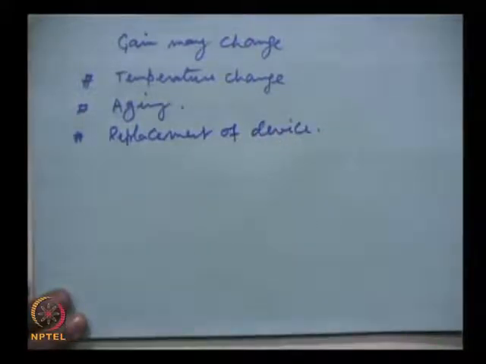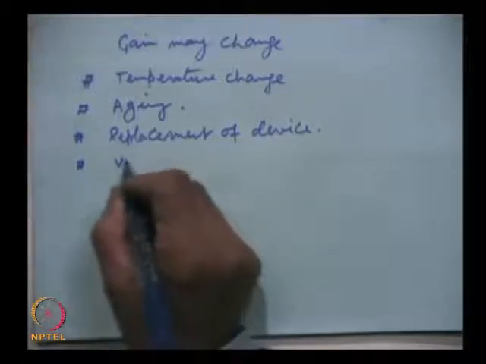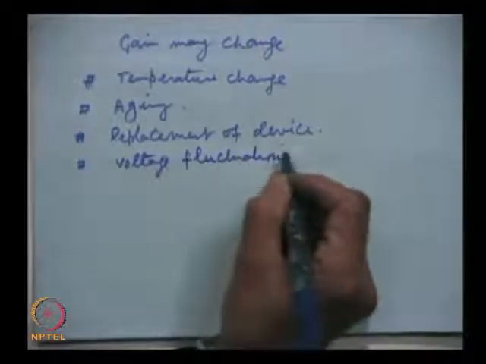If we talk of discrete circuits, then a transistor or some resistors may go bad and they need replacement, and the characteristics of the replaced device may not be identical to the earlier ones. So these are the factors, plus there are fluctuations, voltage fluctuations for example. These are the causes which may change the performance of the amplifier.